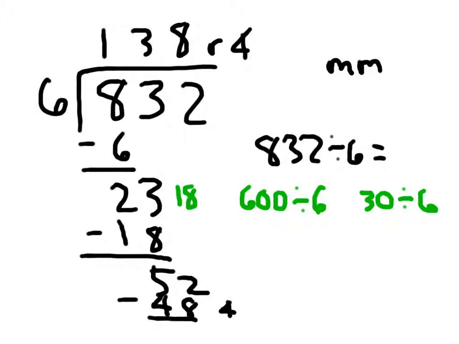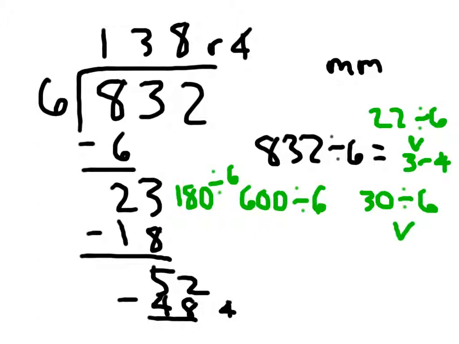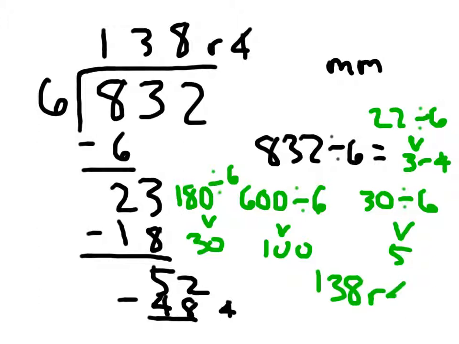You see 180 in there, divided by 6. And at that point, you'd be left with 22 divided by 6, which is 3, with the remainder of 4. This is 5. This is 100. This is 30. Put those all together, 130, 135, 138, remainder 4.